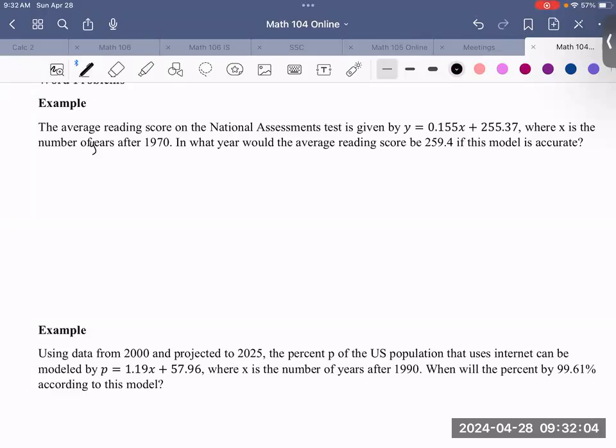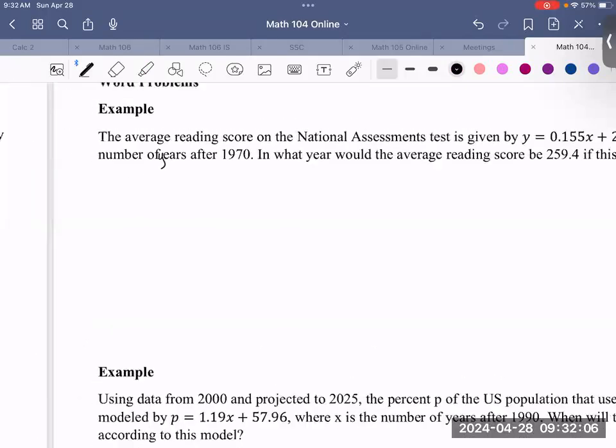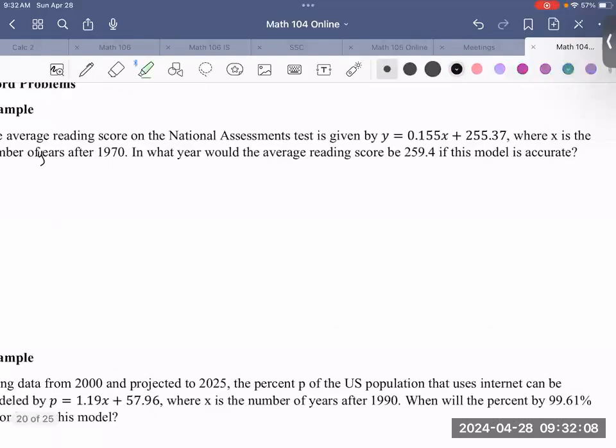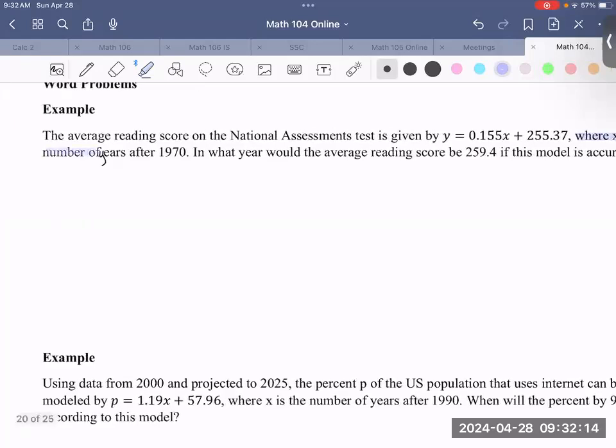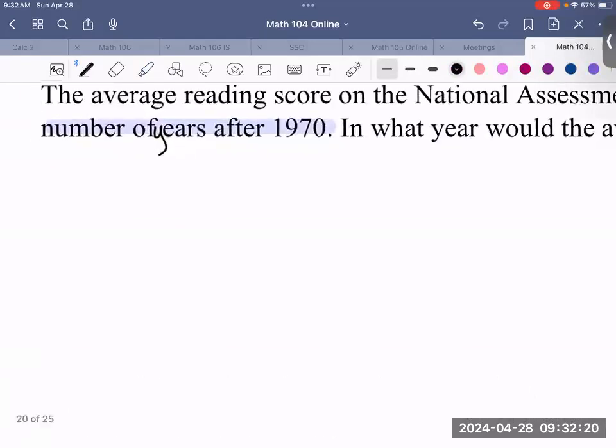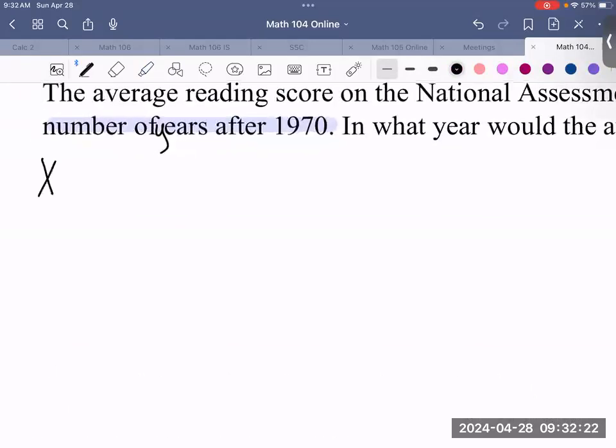So we have to pause and really understand what one of these sentences is meaning. It says where x is the number of years after 1970. Now this sentence is super key because they are telling us that for the year 1970, x is going to represent a particular number.